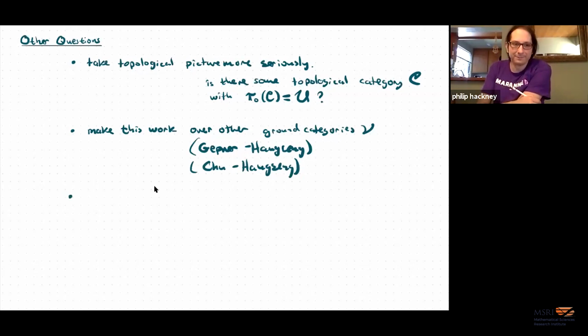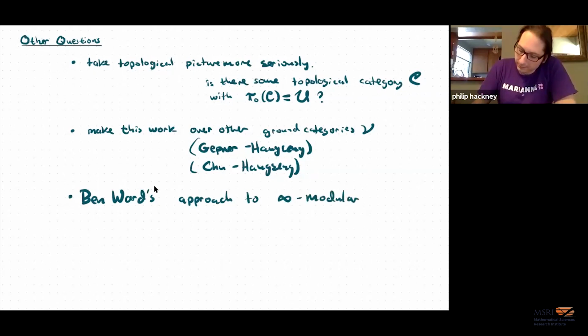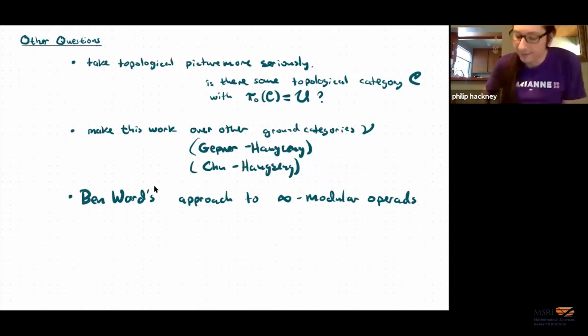And finally, there's another approach which maybe needs two to work, which is to compare with Ben Ward's approach to infinity modular operads. So these are just a few ideas. Ben Ward showed that some colored operad governing modular operads is Koszul, and is able to use that to define such a thing. Okay, thanks.